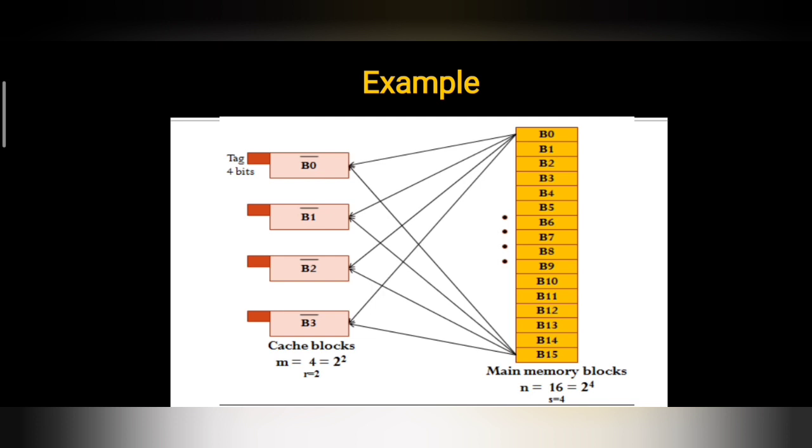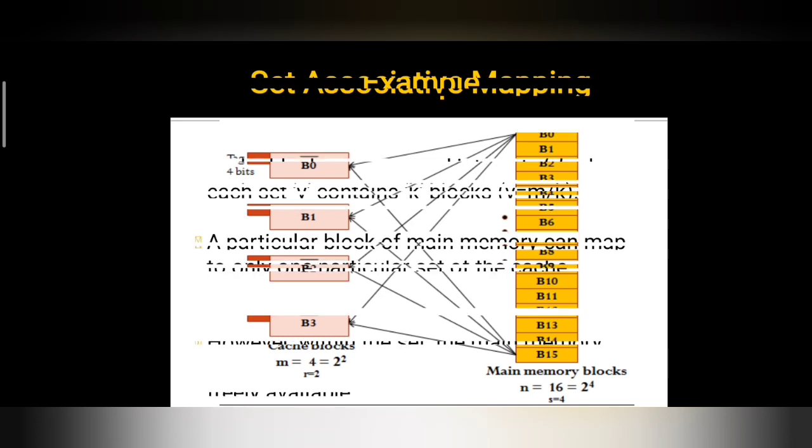Similarly, my B15 block can be mapped to B0, B1, B2 or B3 bar. Fine. So overall, this technique is quite flexible in nature, because there is no rigidity that I can map my main memory block to only one particular cache memory block. No, it can be mapped to any of the freely available cache memory blocks.